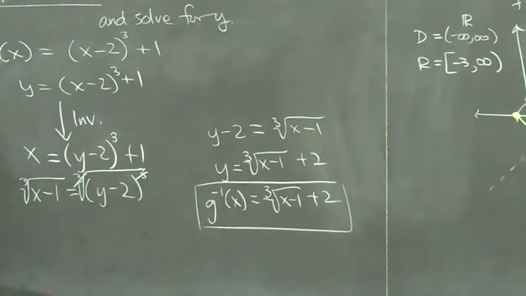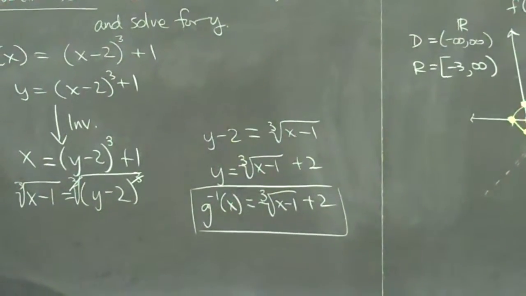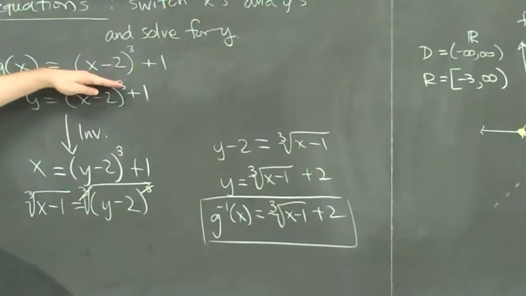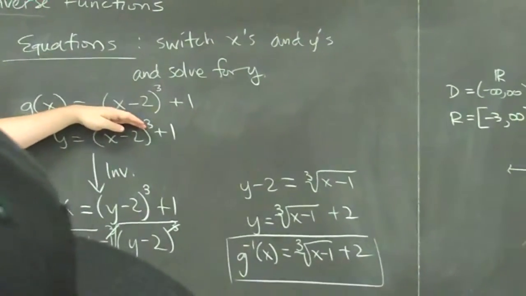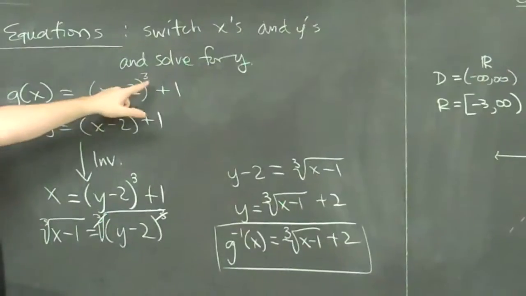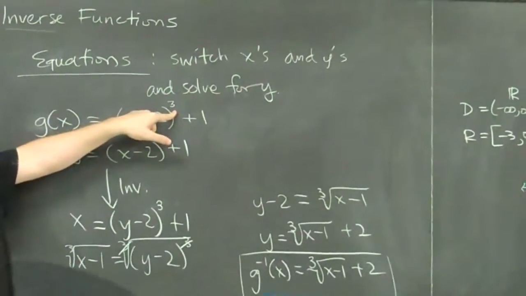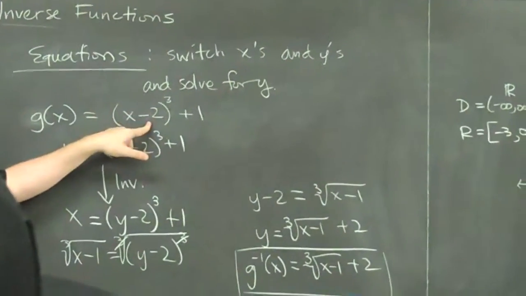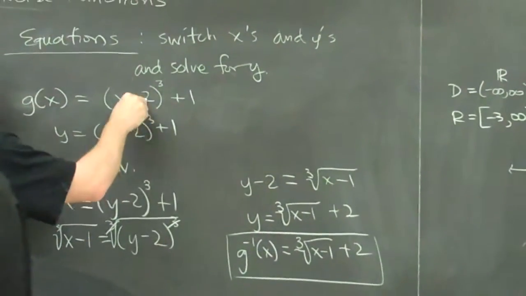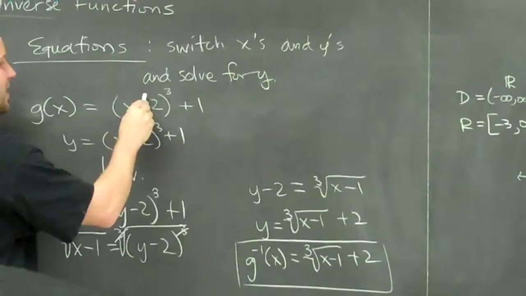Now, I want to drive a couple things home. Do we know how to graph g of x, the original g of x? This is our cubing function, right? And how have I moved my cubing function? What is subtracting 2 inside the function going to do?